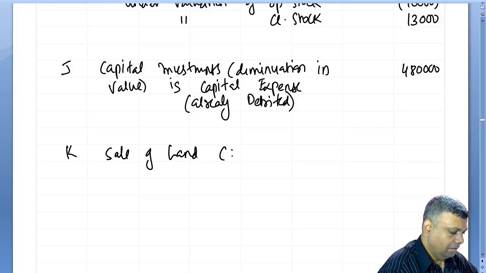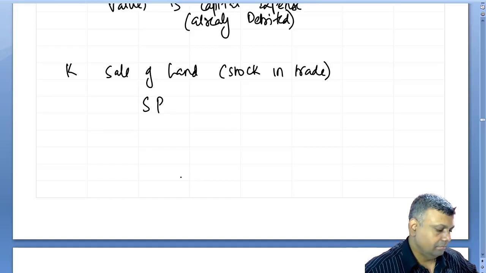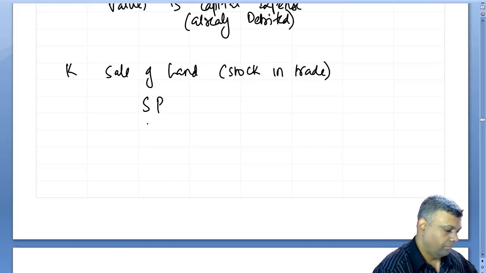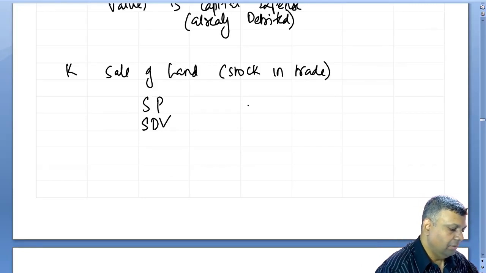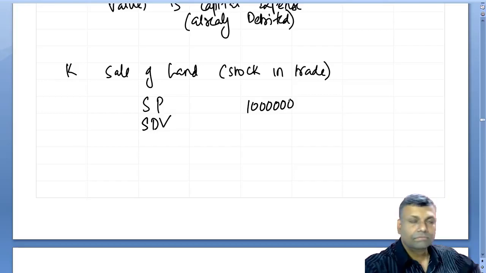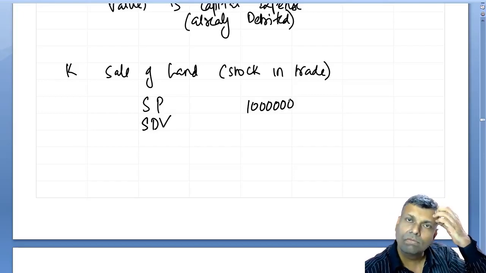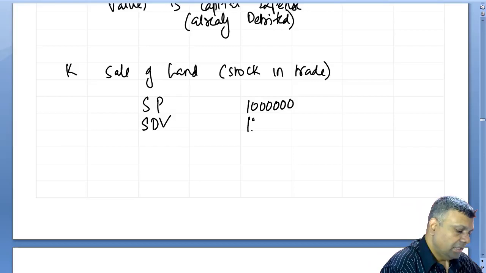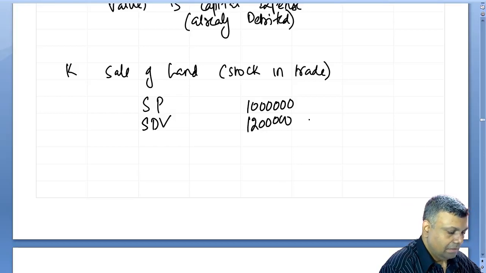Sale of land, stock in trade, actual selling price, and the stamp duty value. Actual selling price is 10 lakhs. Stamp duty value will be 12 lakhs.